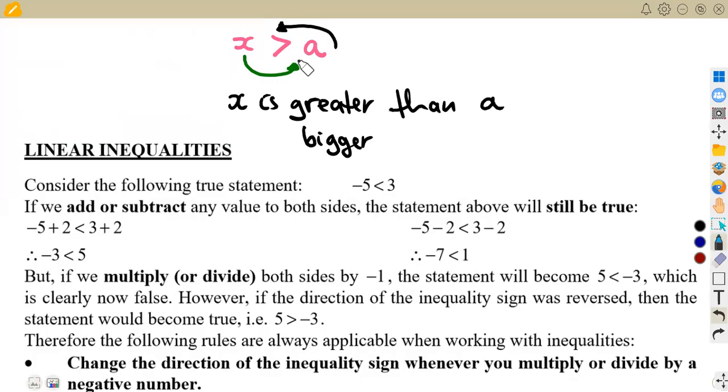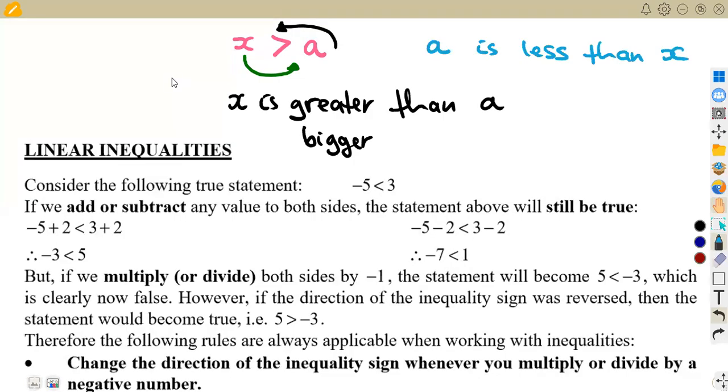Like I said, I want us to also refer back to x from a. So from a going to x, we are saying a is smaller, because remember a is the pointed one. Like I said, you can't point at your elder. The one that is being pointed at is the younger one. So a being the one that is pointed at, as you can see, this is pointing to a. So it means a is less than x.